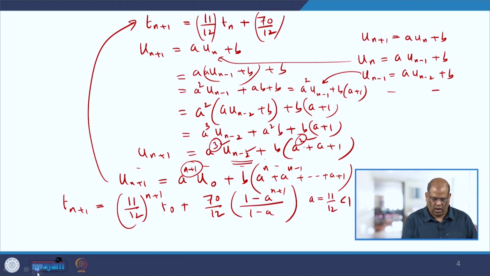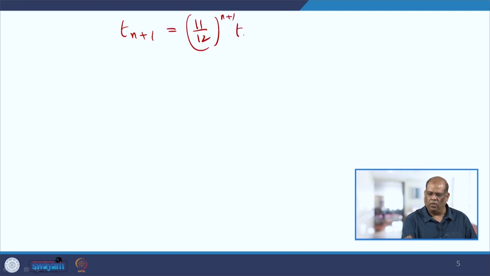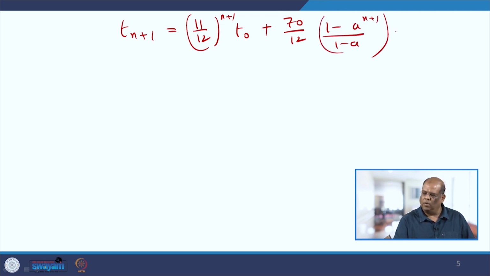So, I can write Tn plus 1 is equal to 11 by 12 to the power n plus 1 into T0 plus b, which is 70 by 12, 1 minus a to the power n plus 1 by 1 minus a, where your a is equal to 11 by 12 and is less than 1.